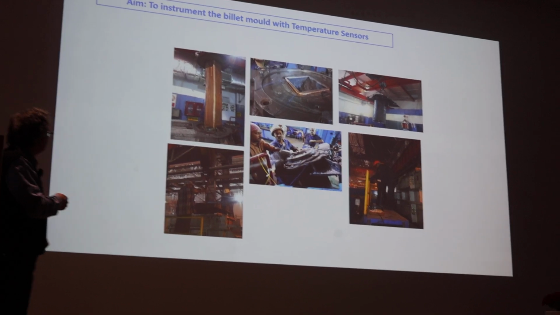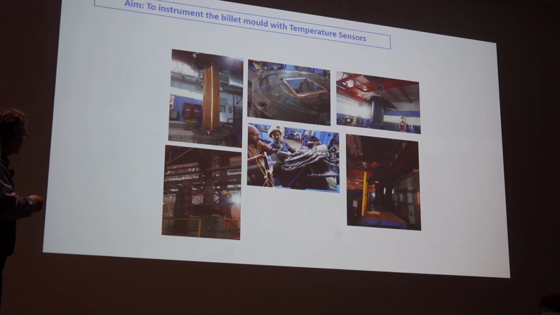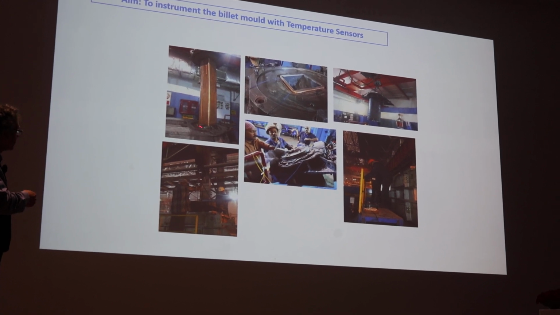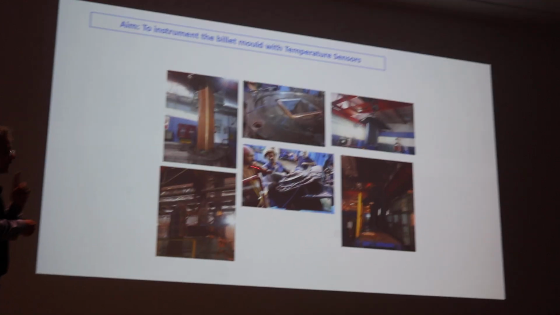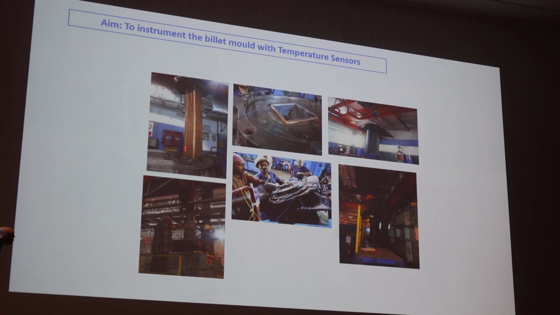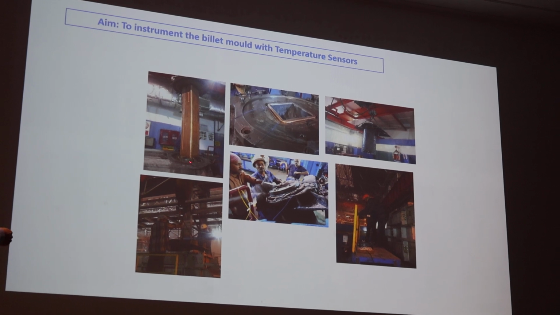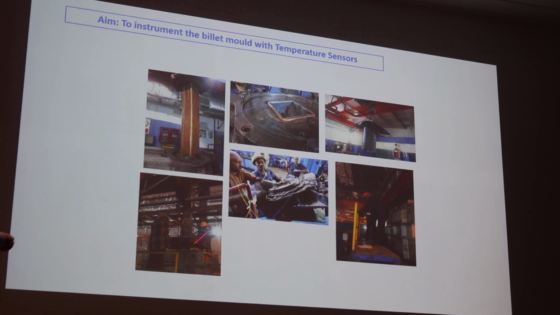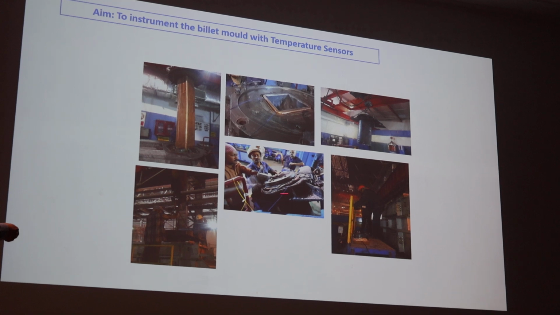So here what we have done is use a single strand of optical fiber with 5 gratings of different wavelength coding. So we are able to monitor the temperature along the 1 meter mold at 5 different locations. This has then been put in the caster, and this is the standard procedure for their caster making.